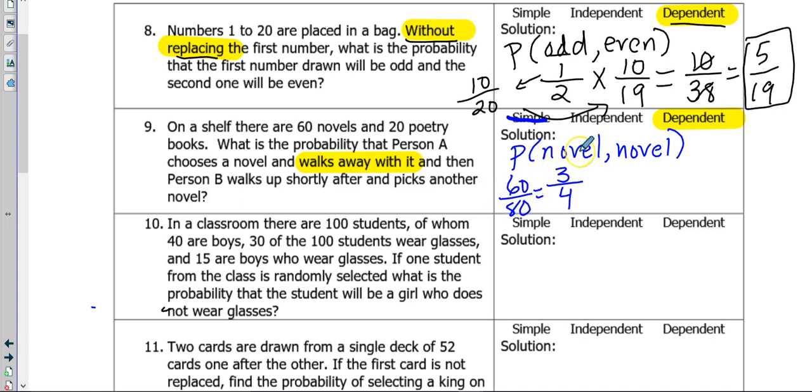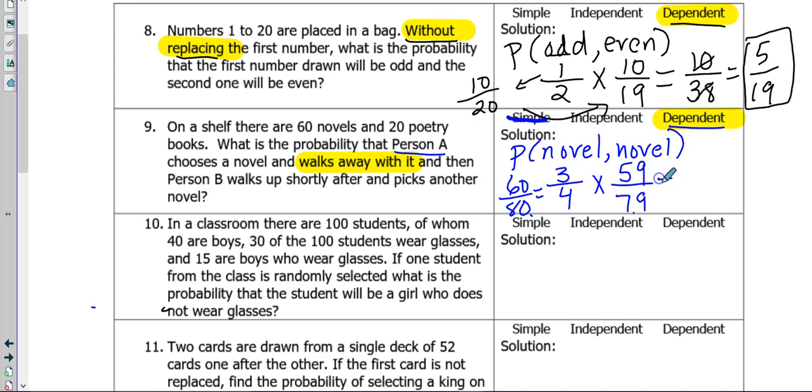That's our first novel. The second novel, however, we only have 79 books left, right? Because we had 80, now we have 79. We've taken one novel. Person A has selected one novel. Instead of 60, we now have 59 novels to select, and that's why it's dependent.